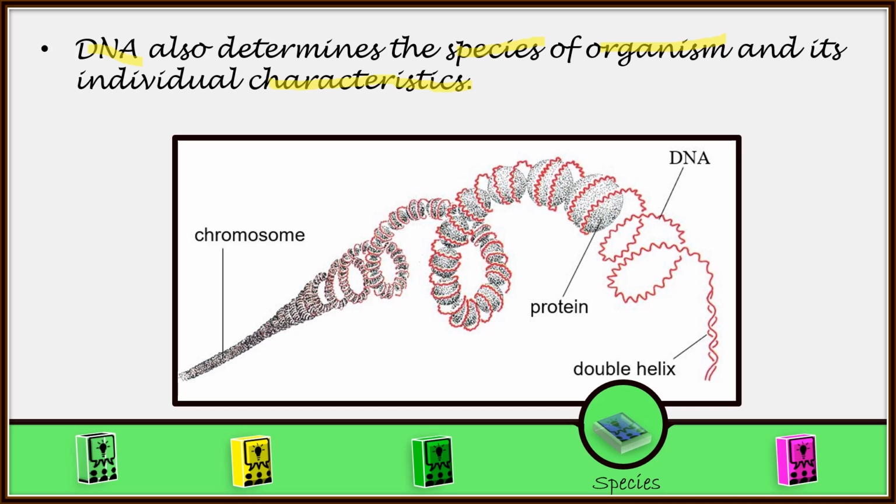So it is the DNA which determines the particular species, that this is this species, and it is the one that determines the individual characteristics of that individual organism.